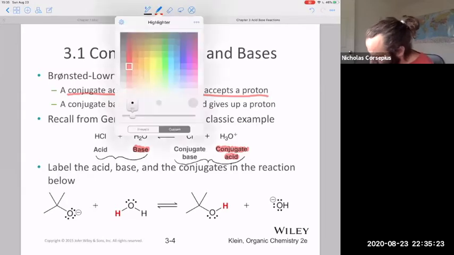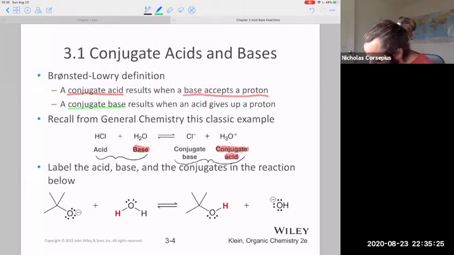So then on the other hand, we have the other species, which is our conjugate base, and the base is the result of the acid giving up a proton, right? So that is the species that's formed when my acid gives up the proton. So in this case, my acid was HCl. The conjugate base is going to be what happens when HCl gives up that proton, or i.e. just the chloride ion.